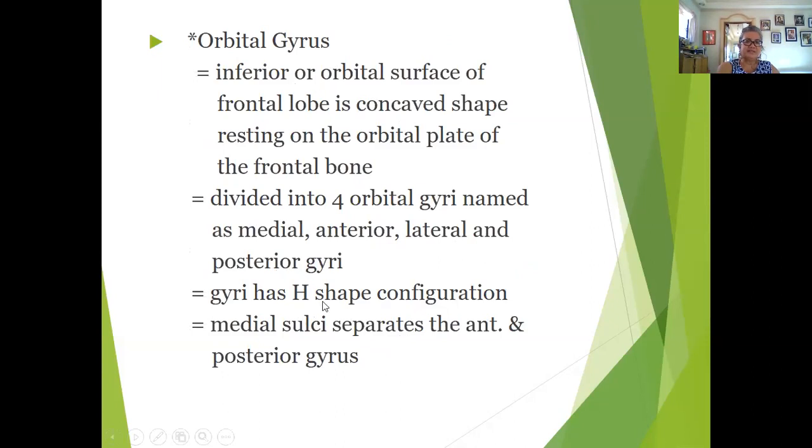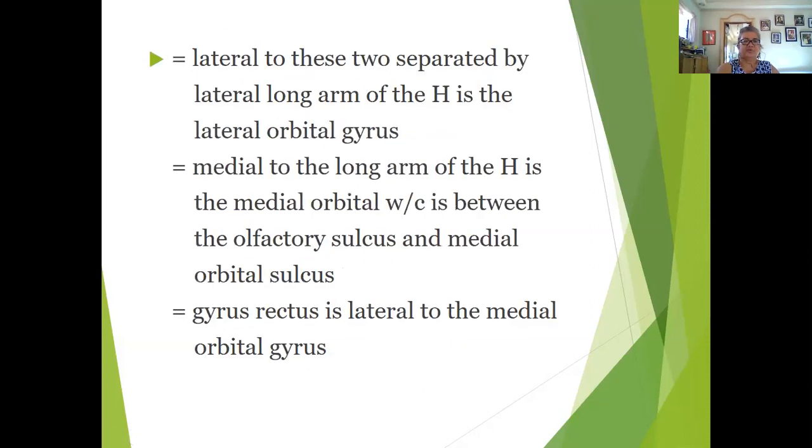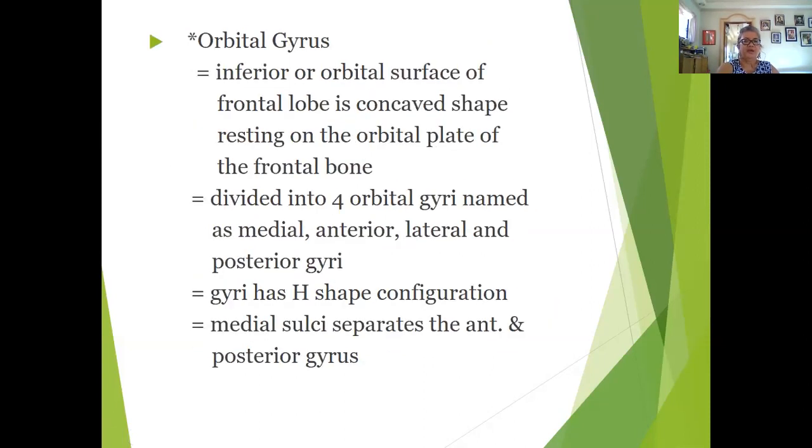So the medial sulci will separate the anterior and posterior gyri. So this is H-shaped. You have the medial sulci here, and you have the anterior and a posterior orbital gyri.